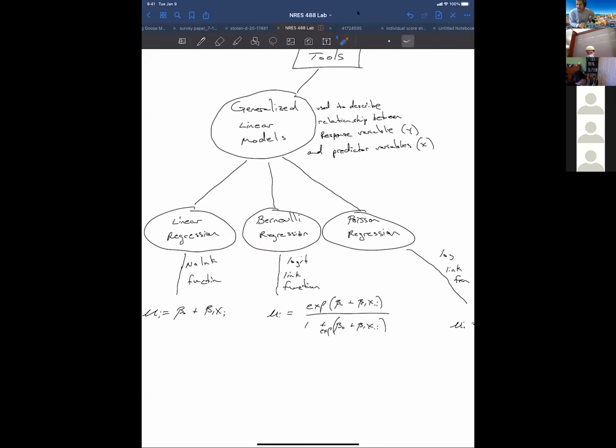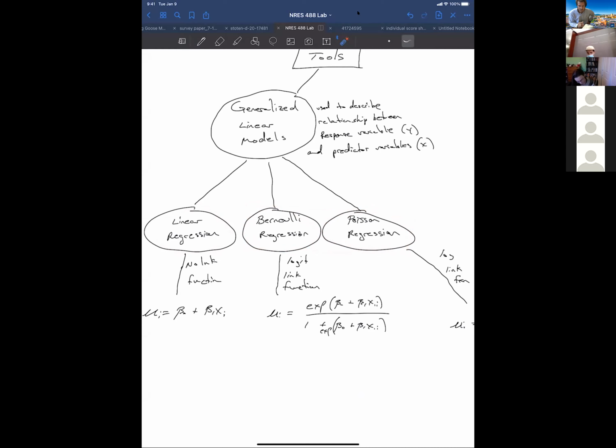And of the 2 most common types of data that we see in wildlife, it's typically zeros and ones and counts. And there are a huge number of data types that fall into these categories, and some basic form of either Bernoulli regression or Poisson regression.